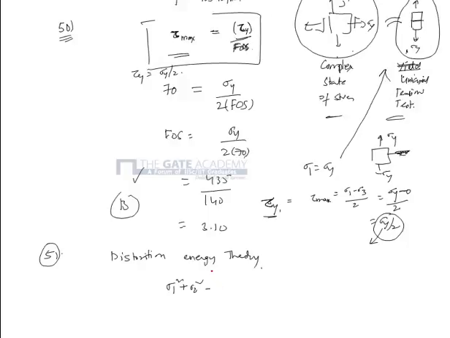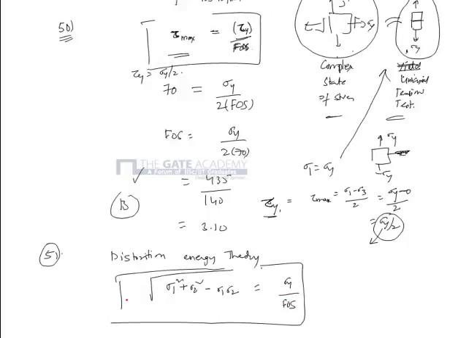Let me write down the von Mises function for a 2D case. It is root over sigma 1 square plus sigma 2 square minus sigma 1 sigma 2, and that is equal to sigma y by f of s. So this is my von Mises or distortion energy theory function.